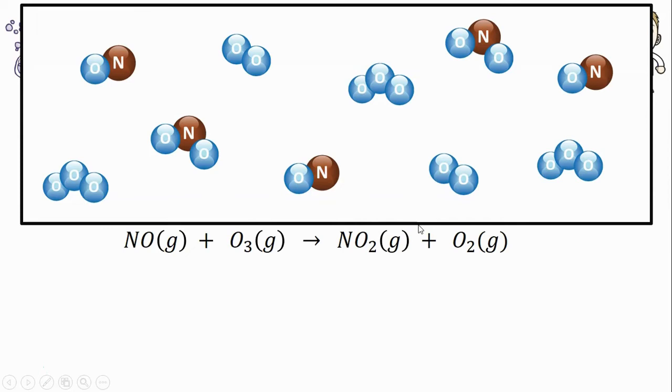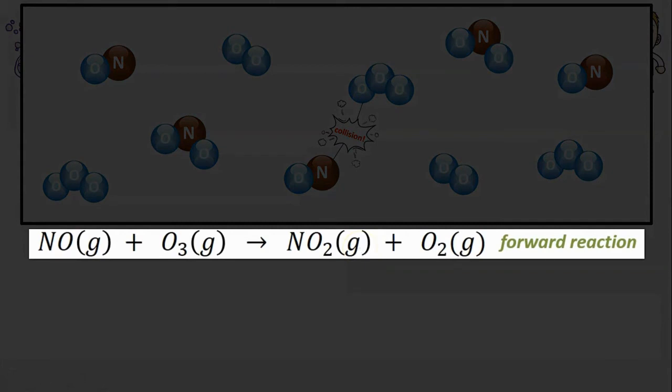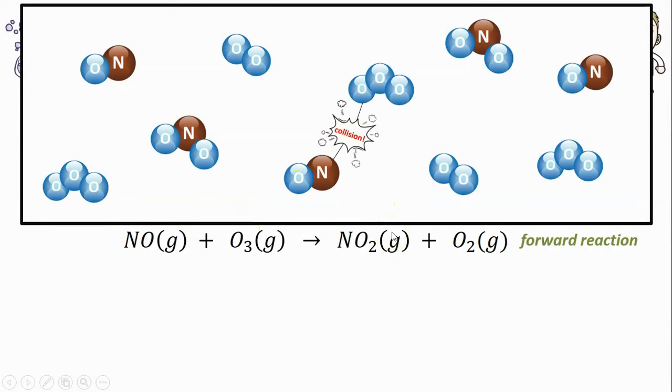Now inside this container, the true visual here is that all of these particles are moving around, and if they're all moving, then sometimes an NO collides with an O3, and the NO and the O3 will produce the products NO2 and O2. So that's happening. That is also called a forward reaction because it's written in this typical left to right forward direction.